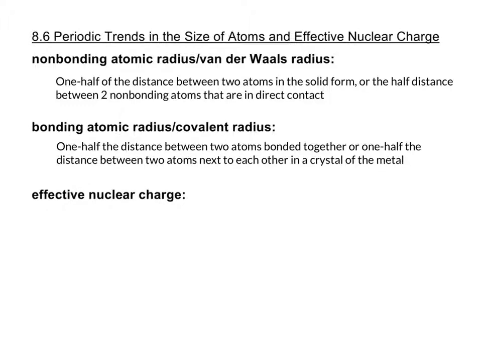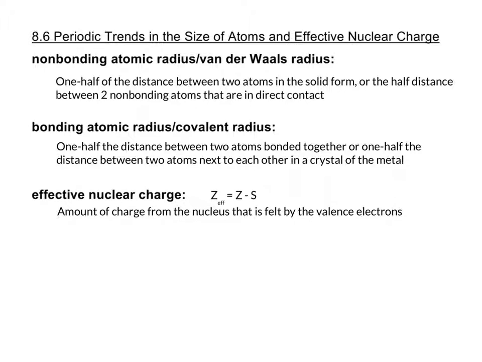All right. Effective nuclear charge is a topic I wanted to touch on because we use it to explain all of the periodic trends. Effective nuclear charge is basically the amount of charge from the nucleus that the electron feels. If you remember, we have discussed this previously. The effective nuclear charge is called Z effective.